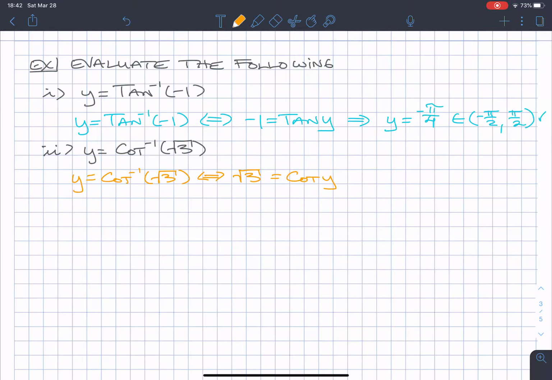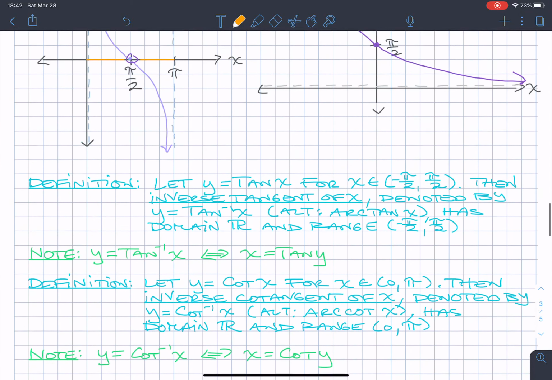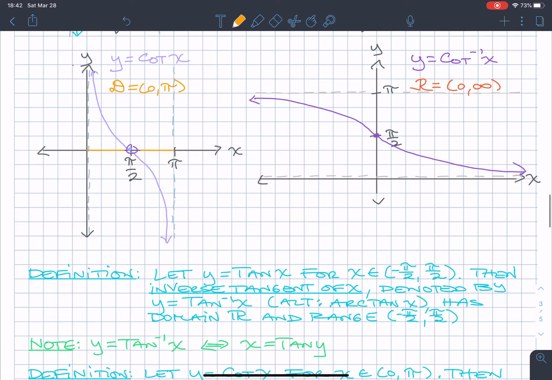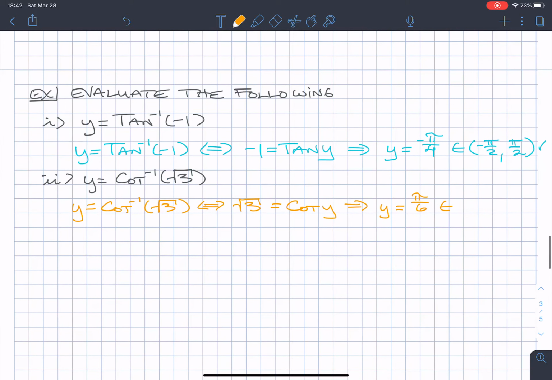Okay, so at what angle is cotangent, cosine over sine, rather, positive square root of 3? Well, the cosine would have to be square root of 3 over 2, and the sine would have to be 1/2. And that happens at an angle of pi/6. Now, is that in the allowable domain for cotangent between 0 and pi? And it is. And that is between 0 and pi, non-inclusive, so we're okay with that. Check mark.